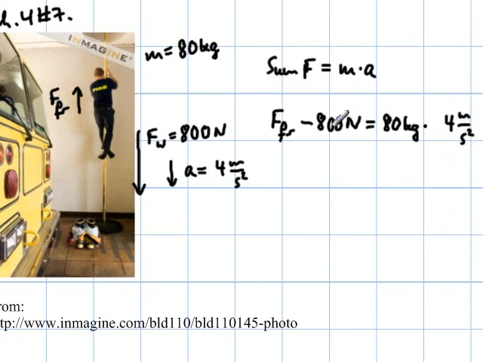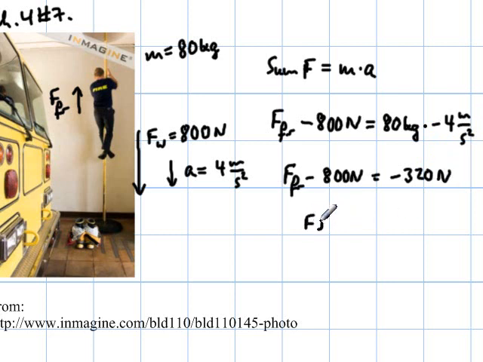But just like the force, his weight being downward, his acceleration is also downward, so I should call this a negative here. Okay, let's see what we get. The frictional force minus 800 newtons equals negative 320 kilograms meters per second squared, which is also newtons.